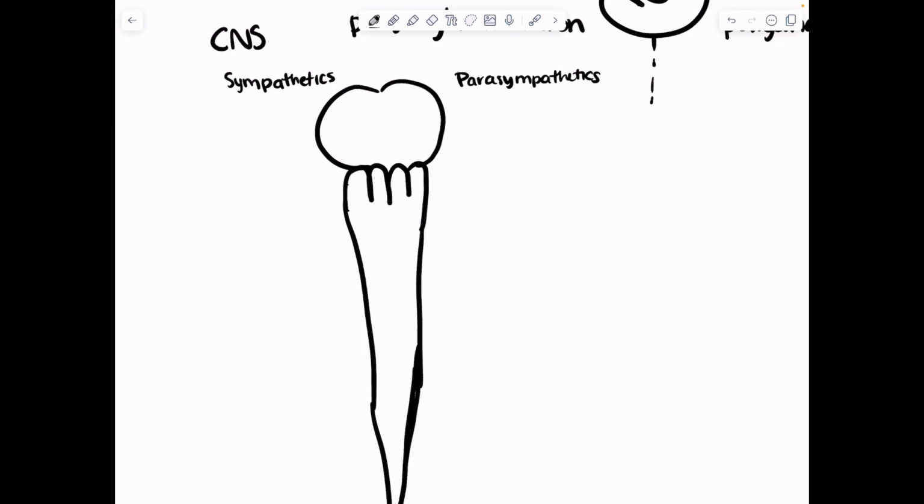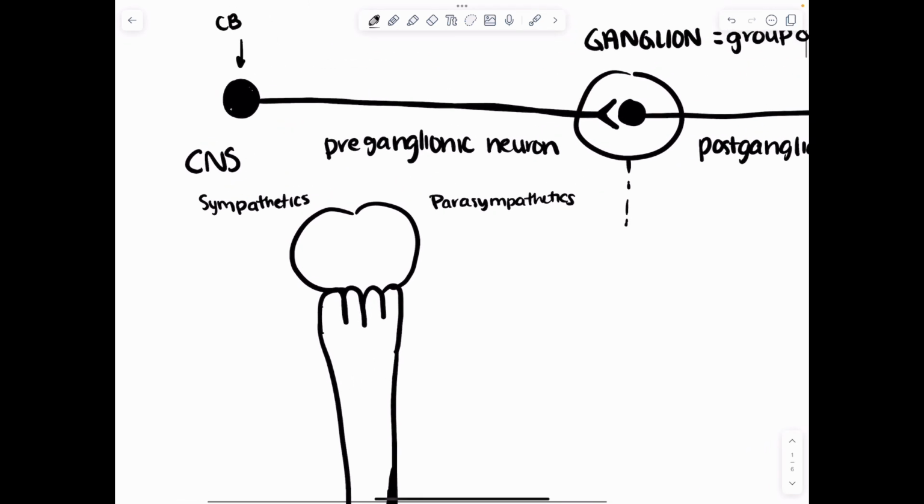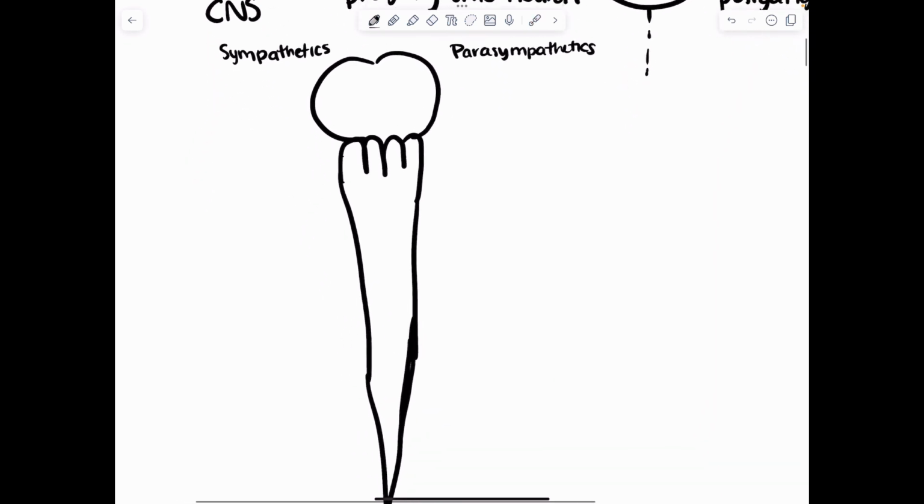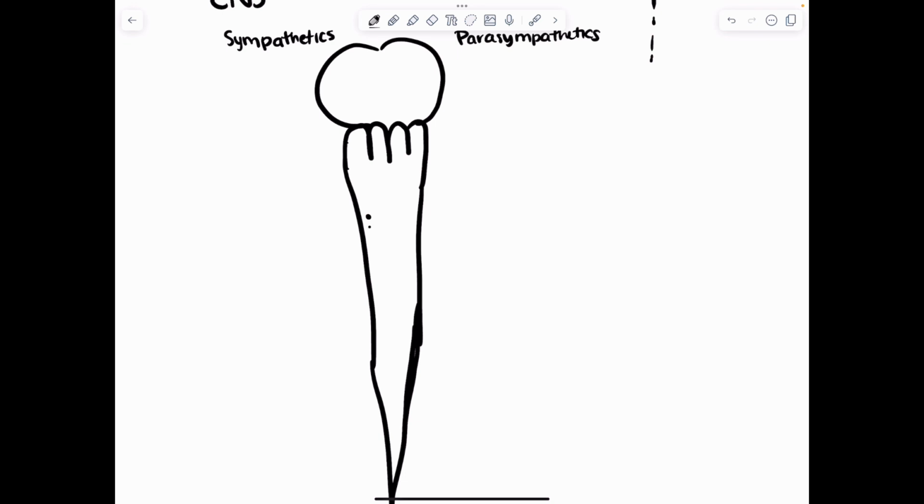My sympathetic preganglionic cell bodies can be found within the spinal cord, and I'm drawing them right here. Those are all the cell bodies in the spinal cord from T1 to L2, in what's known as the lateral horn.